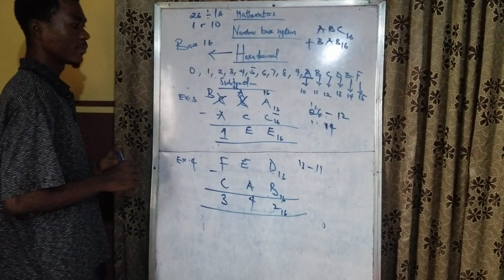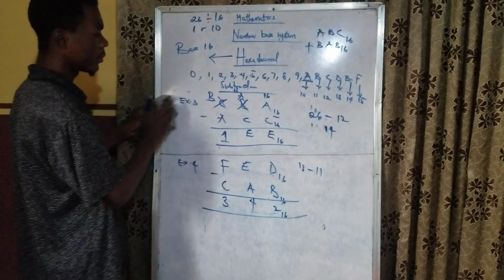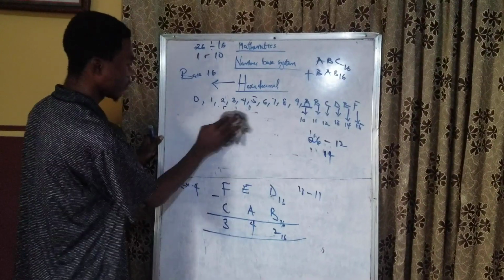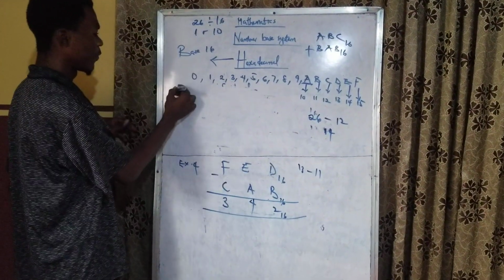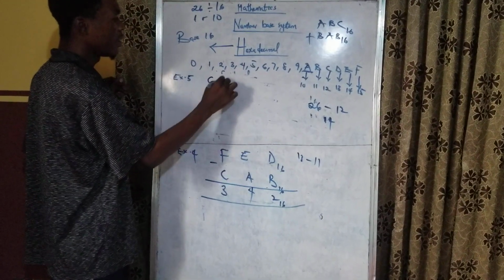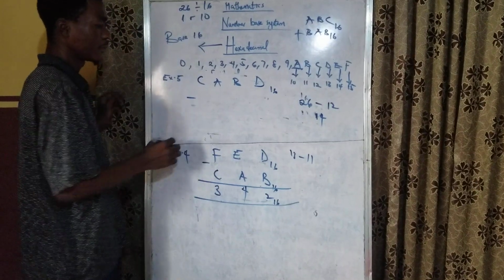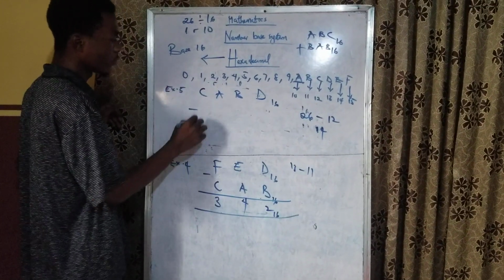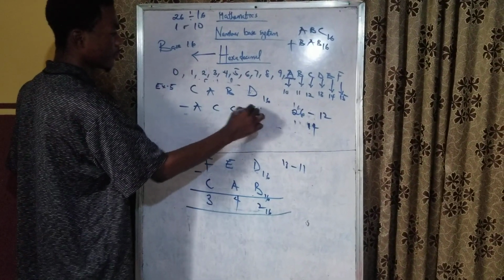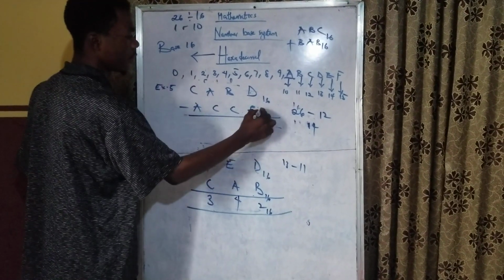Do we get that? Okay, let's try one more example on this. Let me rub this example 3. So example 5. If I'm having CABD base 16 minus ACCF base 16.